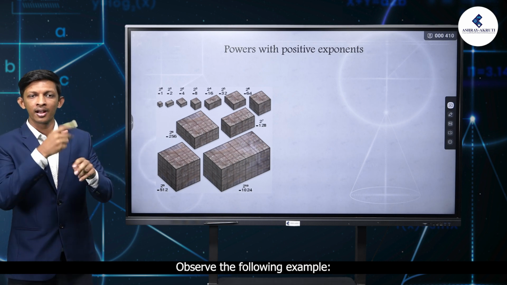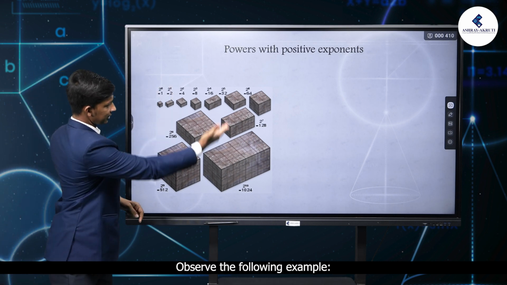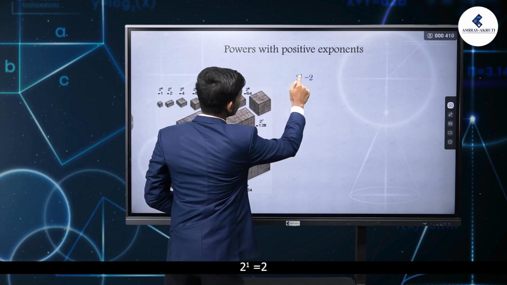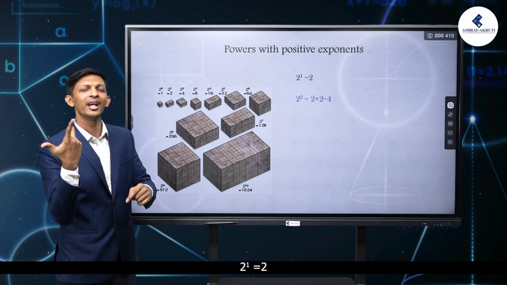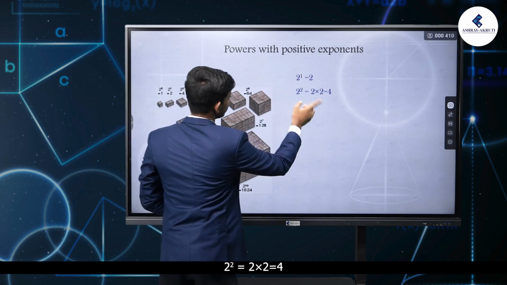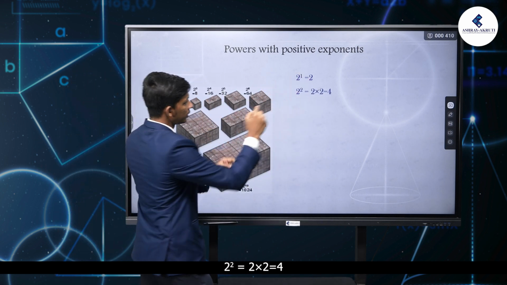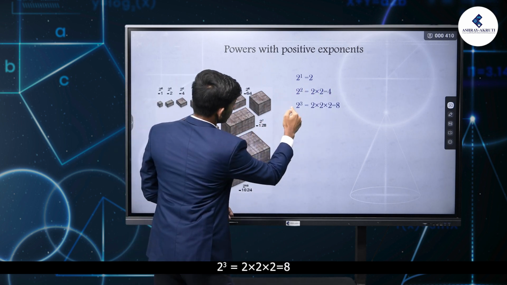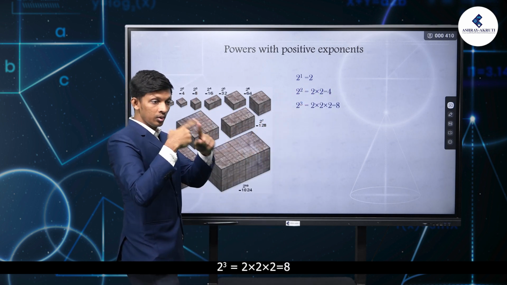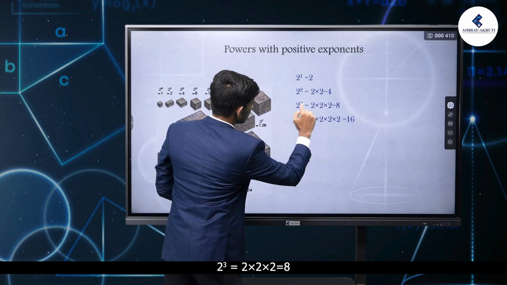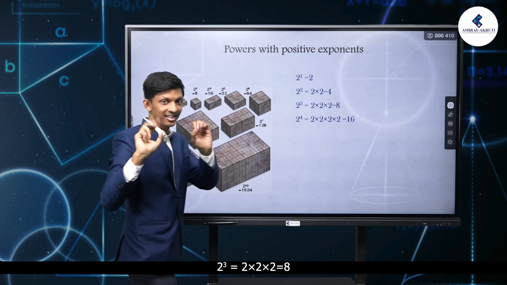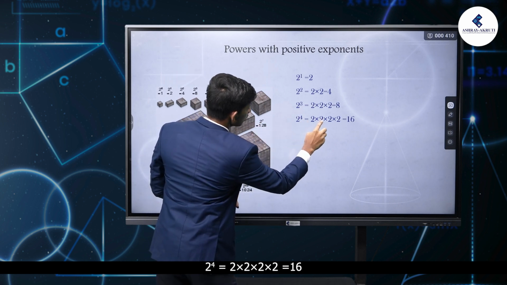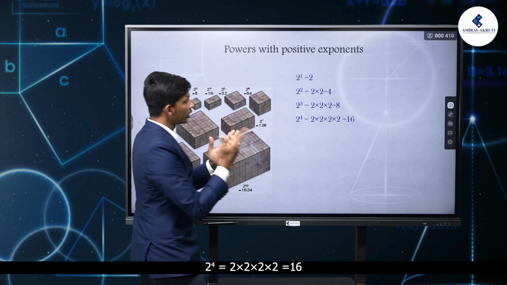Observe the following example. 2 to the power of 1 is equal to 2. 2 to the power of 2 is equal to 2 into 2, which is equal to 4. 2 cube is equal to 2 into 2 into 2, which is equal to 8. 2 to the power of 4 is equal to 2 multiplied 4 times, which is equal to 16.